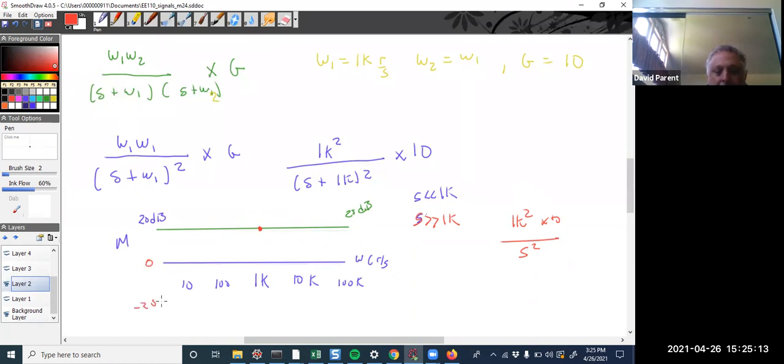If it was first order, it would go down 20 dB per decade, but since it's second order, it's going to go down 40 dB per decade. Okay.